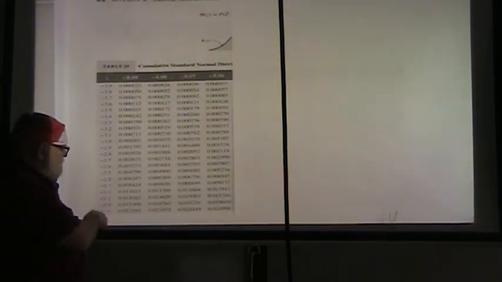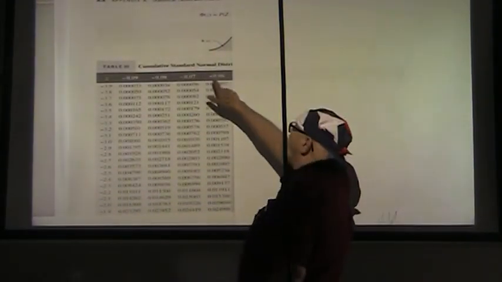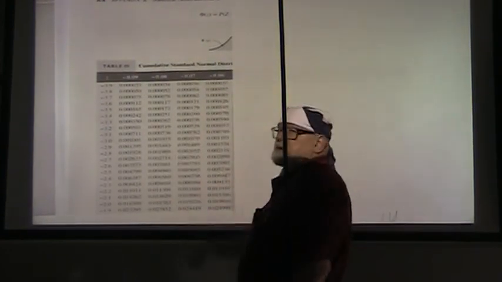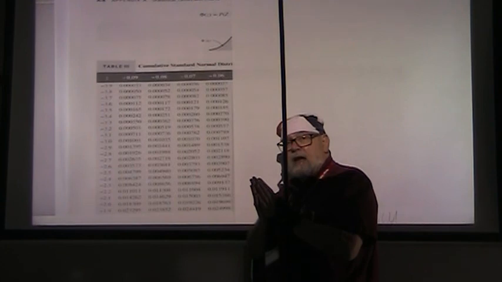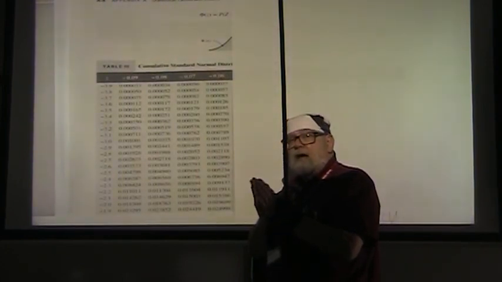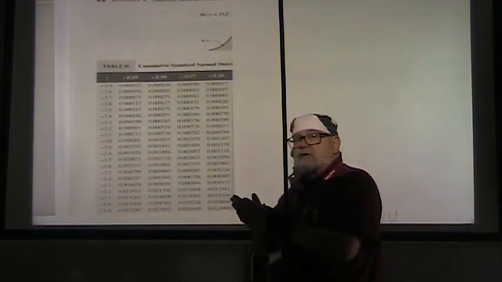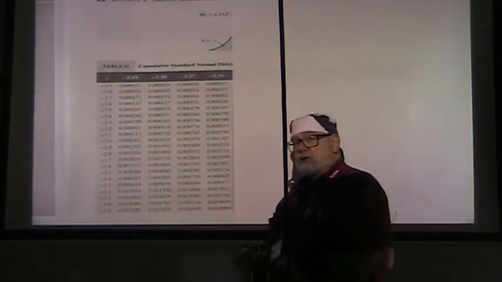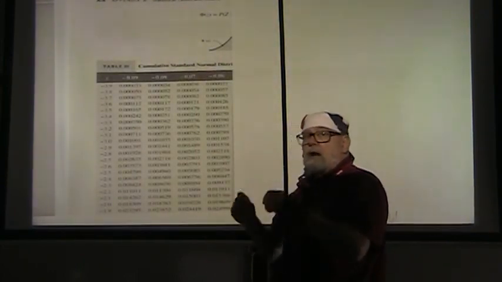And then I'm going to say, all right, I've got a negative 1.9, and I've got a negative 0.06. I add those together, and I get negative 1.96. Therefore, Z alpha divided by 2 is 1.96.